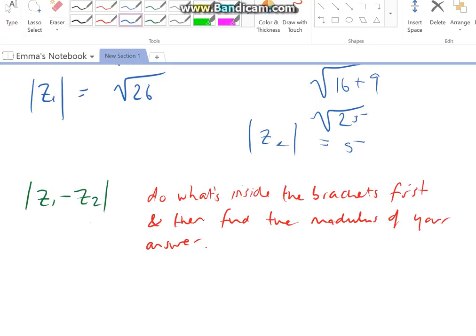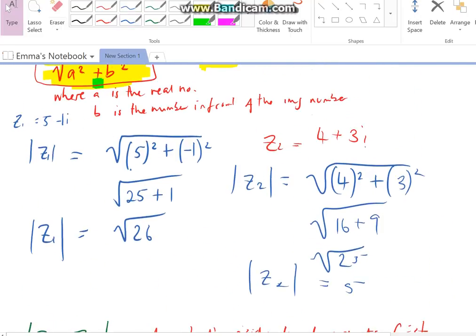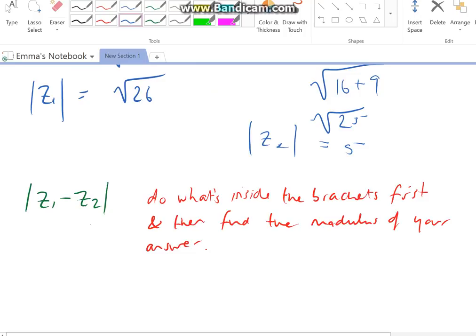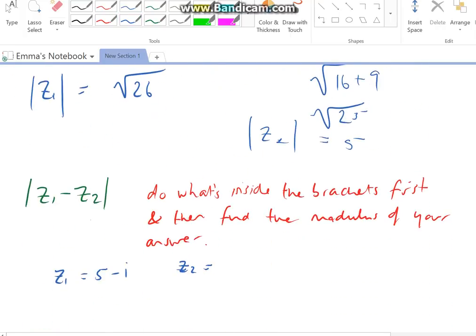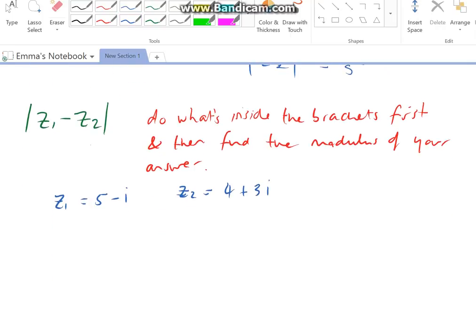So right, we know that z1 was 5 minus i, and z2 was equal to 4 plus 3i from the question. So we'll just use the same question again. Right, so find the modulus of z1 minus z2. So as I said, if it's long like that in the centre, do what's in the brackets first and then find the modulus of your answer.